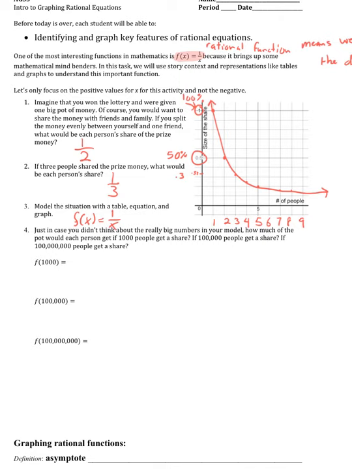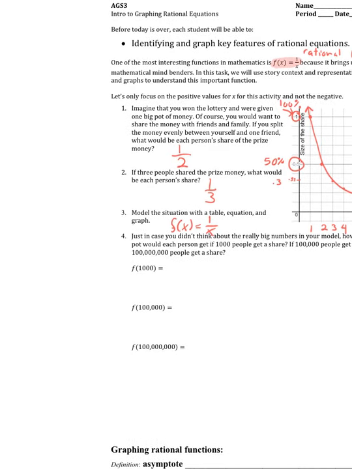Okay? Let's think if we had something like, let's say the prize money was $1 million. Or we could say 1 million like this.